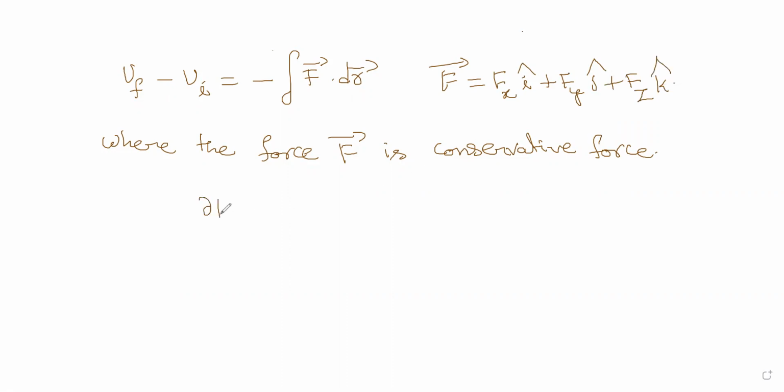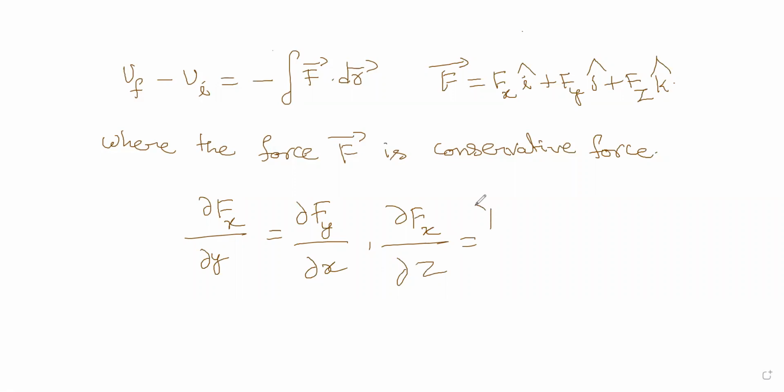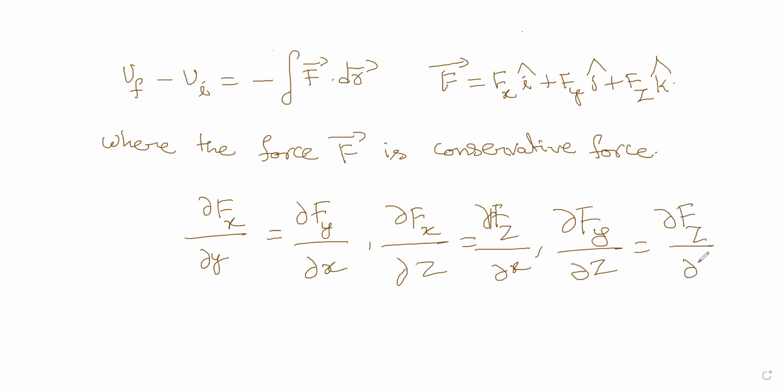So you write dou Fx by dou y equal to dou Fy by dou x, right? And dou Fx by dou z is equal to dou Fz by dou x, and dou Fy by dou z is equal to dou Fz by dou y.